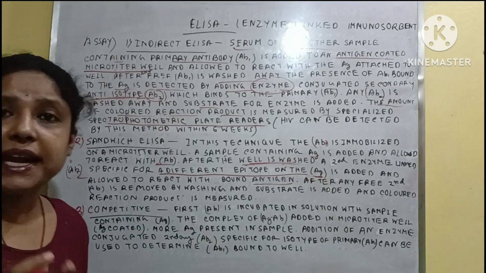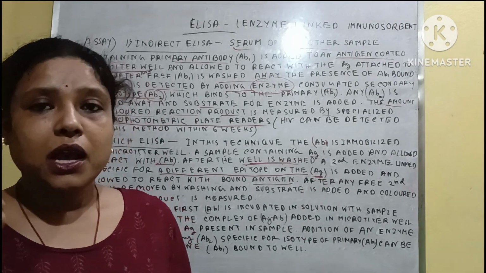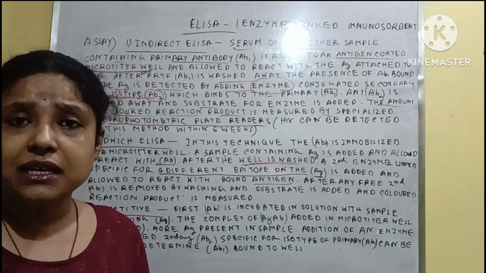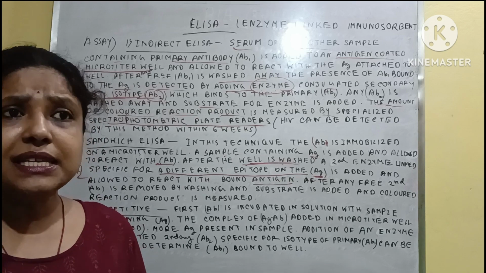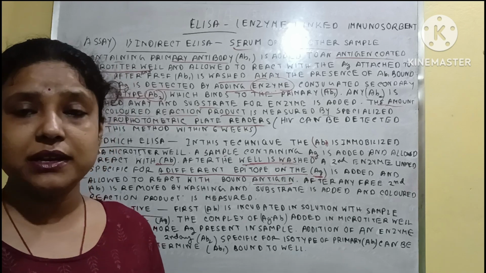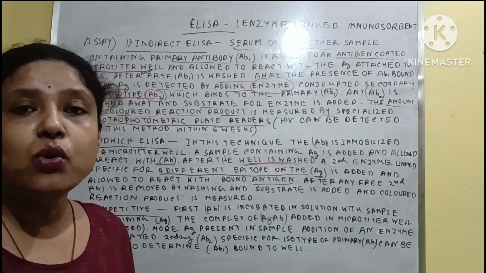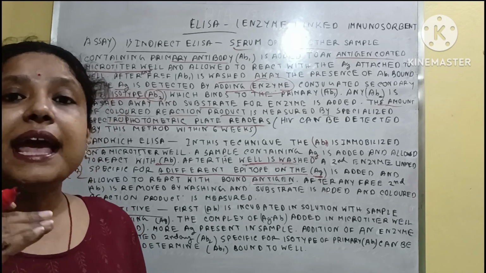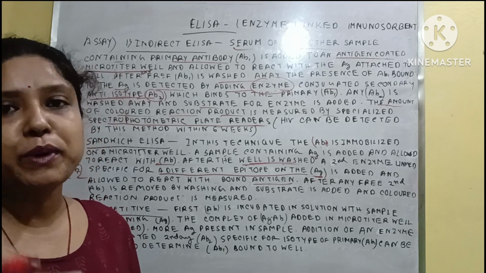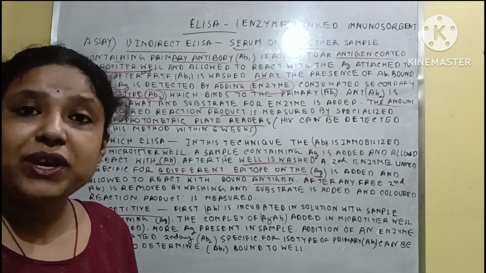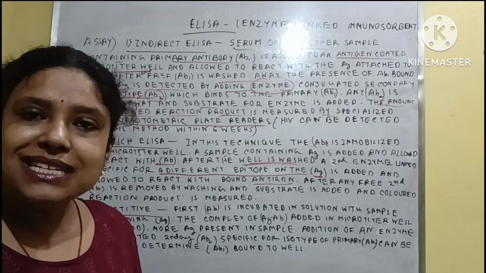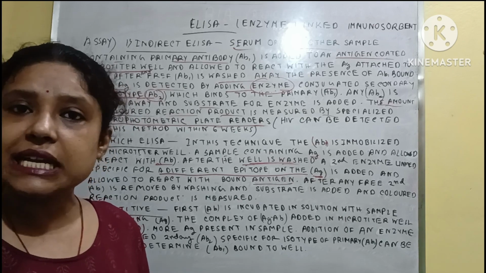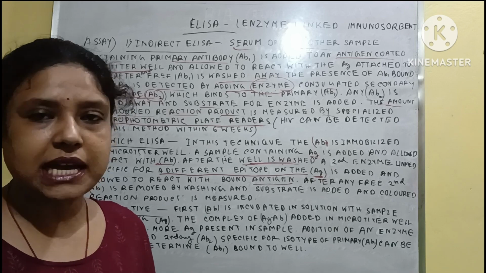Then the secondary antibody with the proper enzyme is added, and this antibody is specific for the antigen that is already bound with the primary antibody. Is it clear? The secondary antibody is very specific to bind that antigen already bound with the primary antibody, and obviously the secondary antibody contains the enzyme.